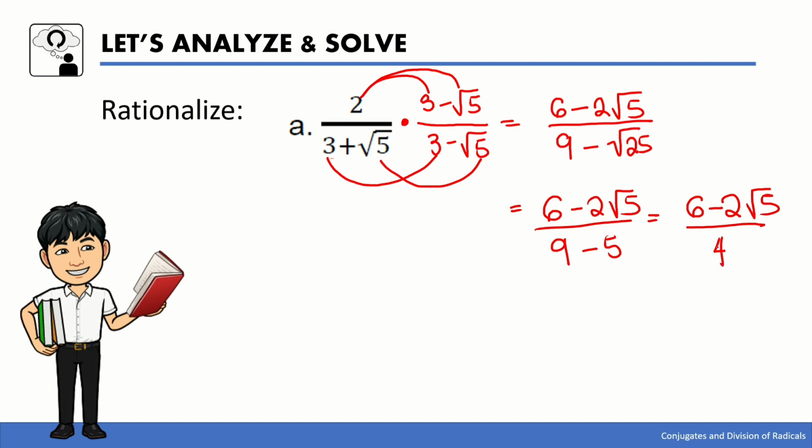Notice that 6, 2, and 4 are all divisible by 2. So we can simplify our answer here. The answer here would be 3 minus square root of 5 all over 2. And notice that our denominator now is free from radicals. Therefore, this is now the simplest form of 2 all over 3 plus square root of 5.